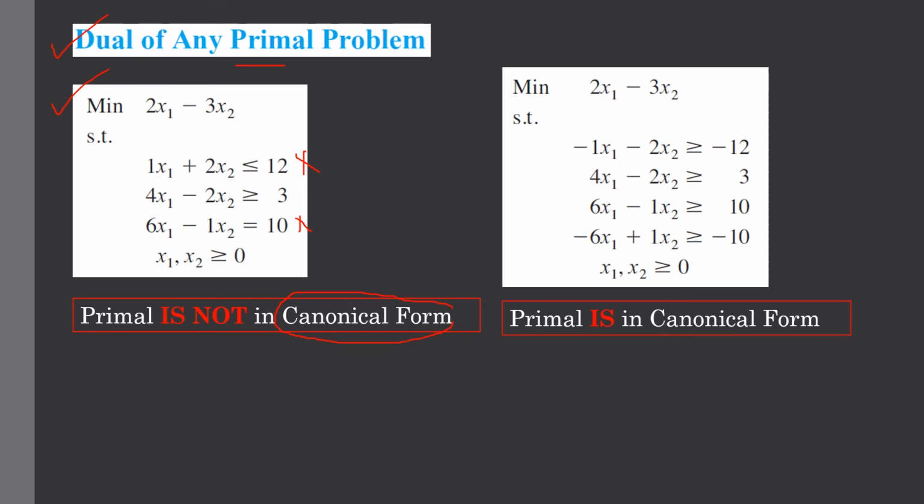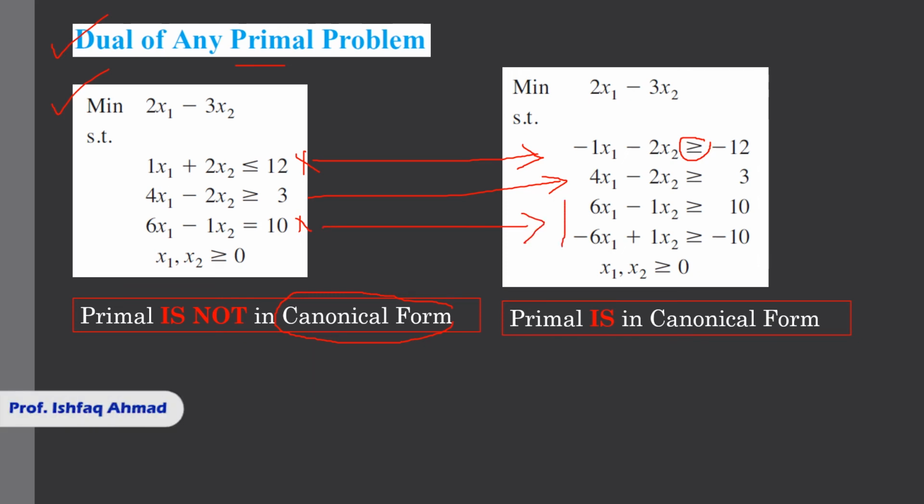So we take the first constraint and we multiply it by -1, and in this way we can convert the less than or equal to inequality into greater than or equal to inequality. Second one is as it is, it's okay. And third has been split into two inequalities.